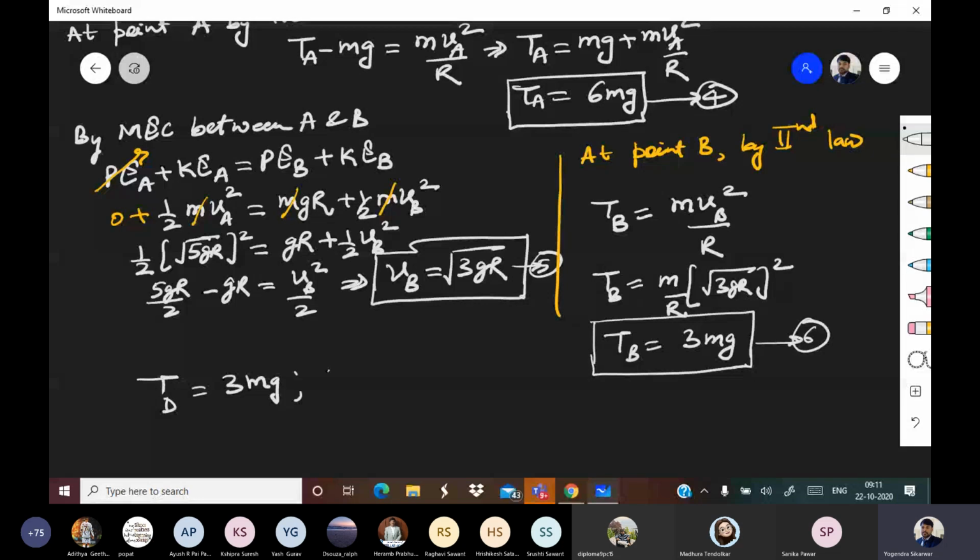Absolutely correct. The only difference between B and D is that one you are getting while the object is going up and one you are getting while the object is coming down. That is the only difference. Rest everything is same. All right.